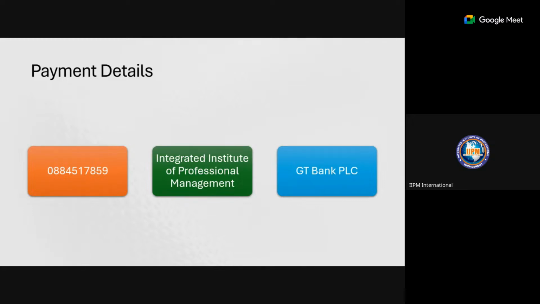So if you want to get an award either as a distinguished fellow or as a distinguished member or as a distinguished associate, then there is a fee for the award, primarily to help prepare the plaque. The plaque is a glass plaque. I think we've shared the number of it in the WhatsApp group.